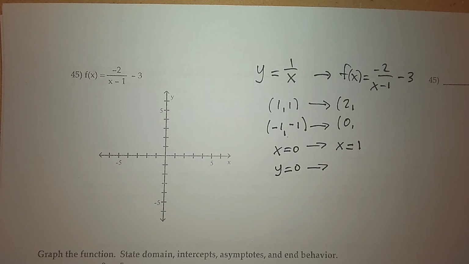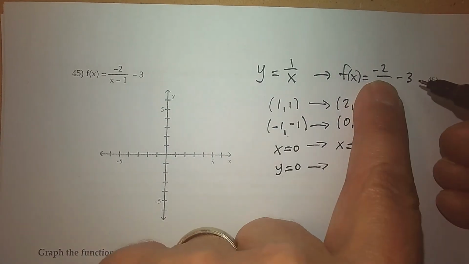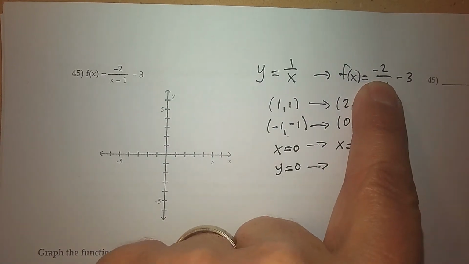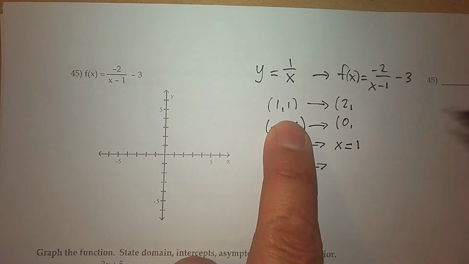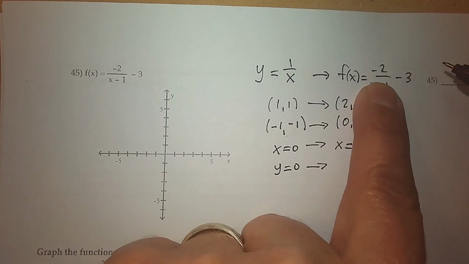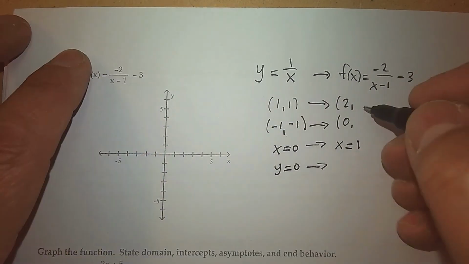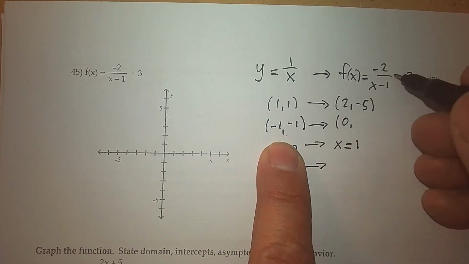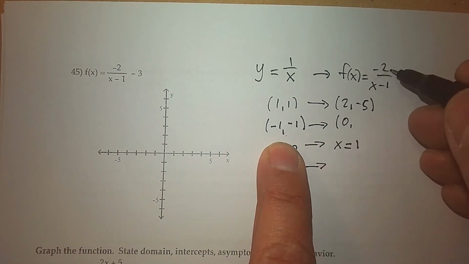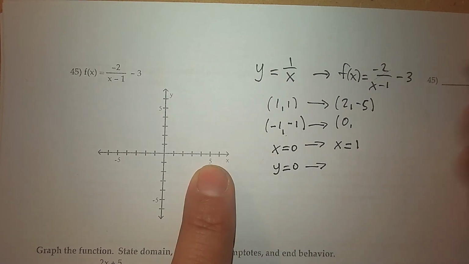What follows is either adding or subtracting. So what am I going to do to the y coordinates? Times what number? -2. And then what do I do? Subtract 3. So let's follow it. 1 times -2. Subtract 3. So what's a point on my graph? And -1 times -2 is +2, subtract 3.